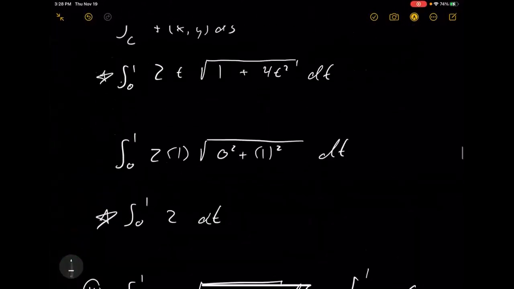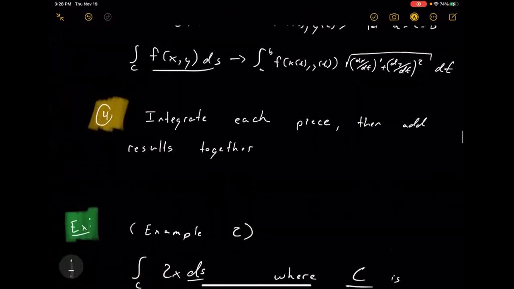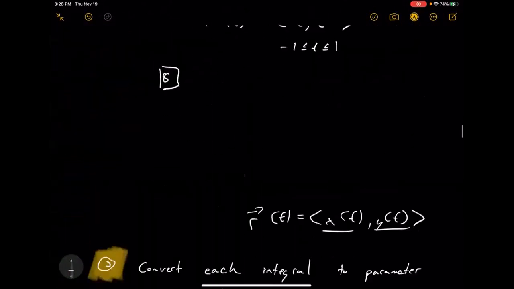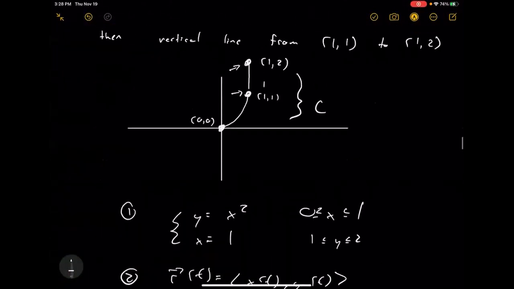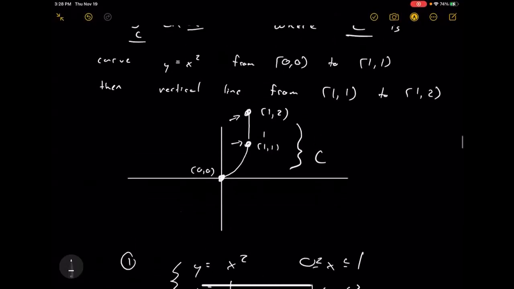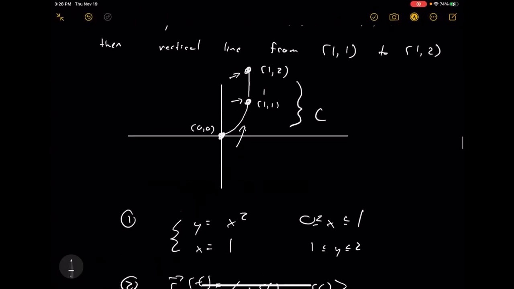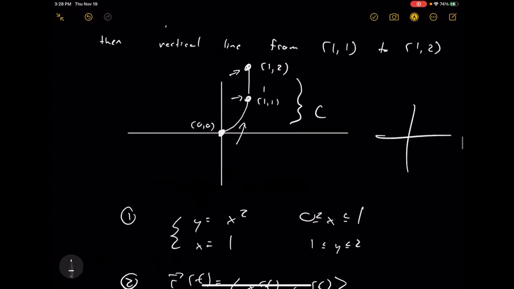And it's all just about following these steps. And remember what this is giving us. We have a curve, and we're integrating this function along this curve. In 3D, what would this look like? This curve would look something like this, right?